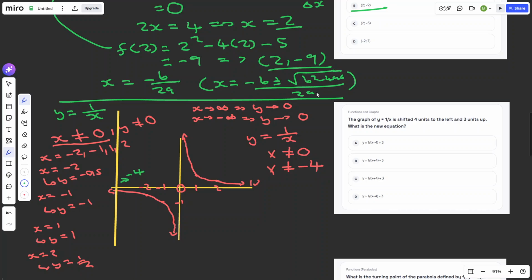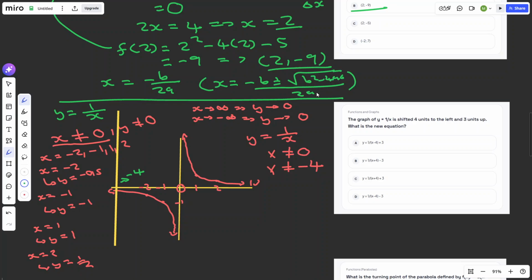So what we did was that we shifted our asymptote 4 units to the left. By shifting that 4 units to the left, our function then has a new asymptote. So in this question here, we are basically adjusting the asymptotes, across both x and y.